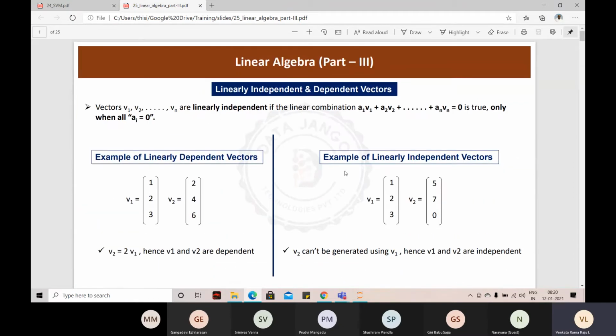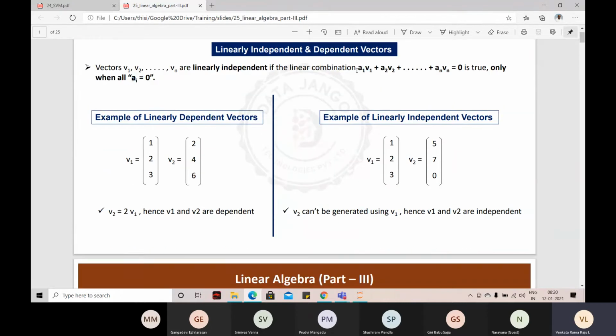If you look at this definition, a1, a2, a3 are linearly independent only when, in the linear combination, all the coefficients are 0. If one of the coefficients is not 0, then you say they are dependent. In the earlier case, both are not 0, 2 and minus 1.